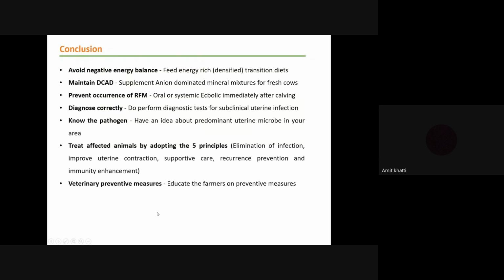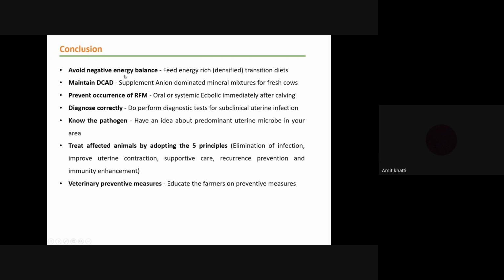So this is how we can manage postpartum uterine infection, or we can conclude our discussion that very importantly we should avoid negative energy balance through using a proper balanced ration, and the transition period is very important for preventing metabolic disorders in the animal, because metabolic disorders are also linked with reproductive diseases. And among the obstetrical disorders we have discussed, like dystocia, abortion, uterine torsion, RFM is the most critical factor. It has the highest odds ratio affecting uterine infection.